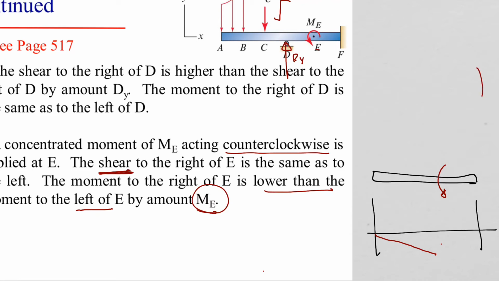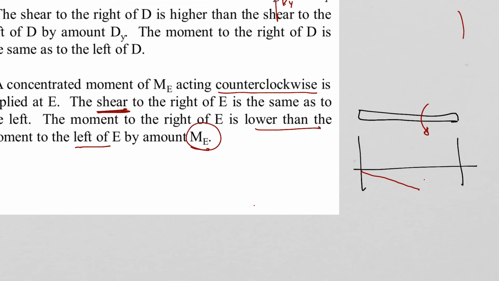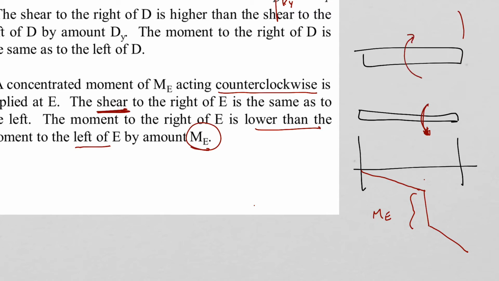So a clockwise moment will make it jump down or go lower by that amount, and then it may continue. This value is M sub E. I like to draw it this way to show the direction that it's going. It's going to be jumping down. Likewise, if I had a negative moment applied, I would draw it like this, and then that will tell me that it will jump up.